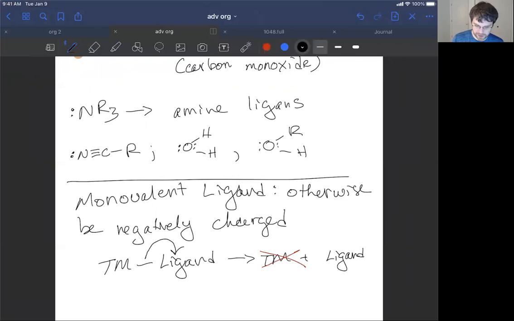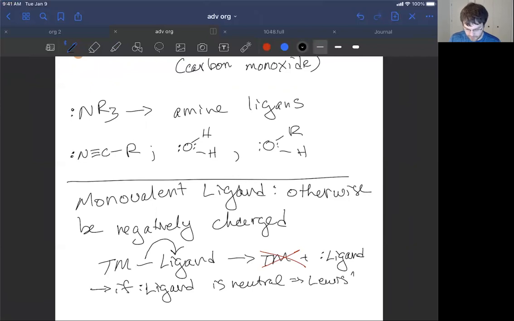But what happens to the ligand when we put that lone pair of electrons on it? If the ligand is neutral, then it's a Lewis base.